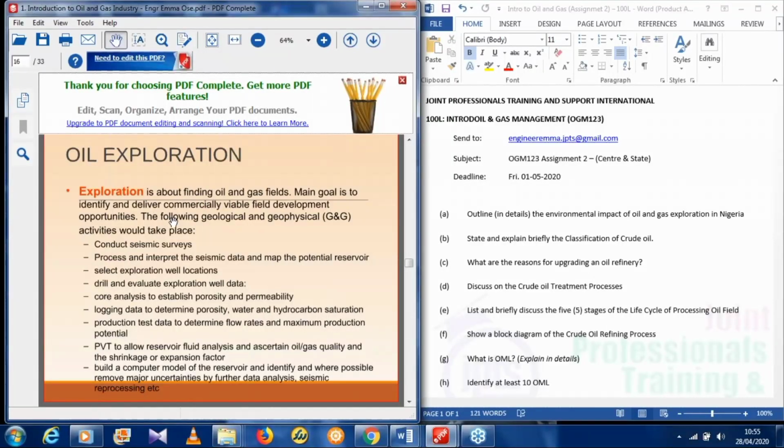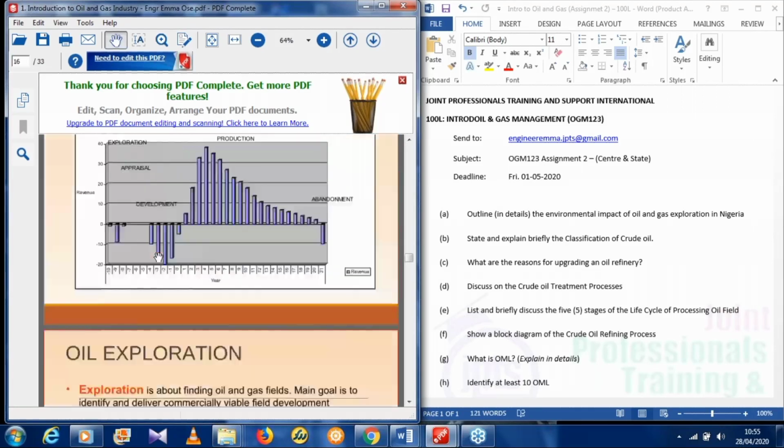The main goal is to identify and deliver commercially viable fuel. Geological and geophysical activities, G and G, are what take place in the exploration stage.